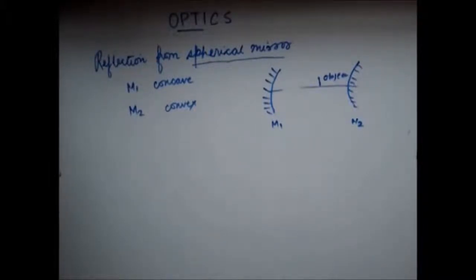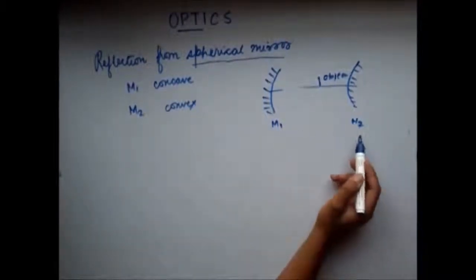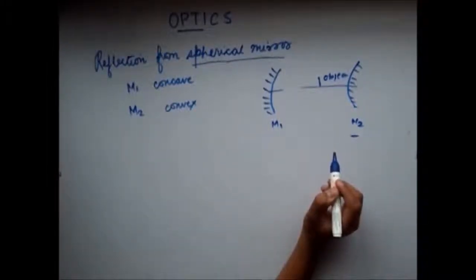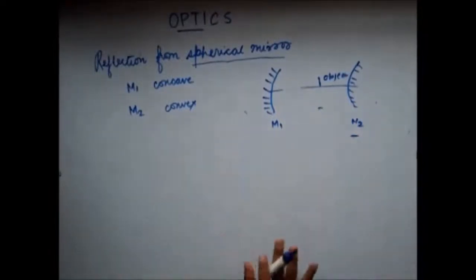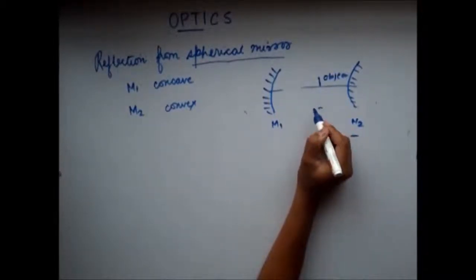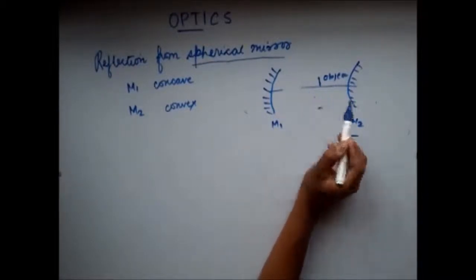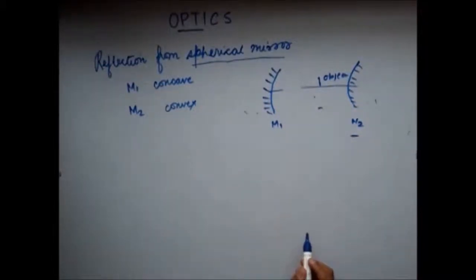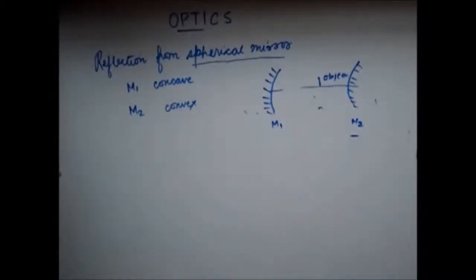Now the question is that the first reflection is on the concave mirror M1 and then the second reflection is on the convex mirror. Now it says, for different positions of the intermediate image, see, the intermediate image can be formed here, here or here, depending on the position of the object. What is the intermediate image? The intermediate image is the image formed by the concave mirror. So for three different positions of the intermediate image, what conclusion can be drawn regarding the nature of the final image?